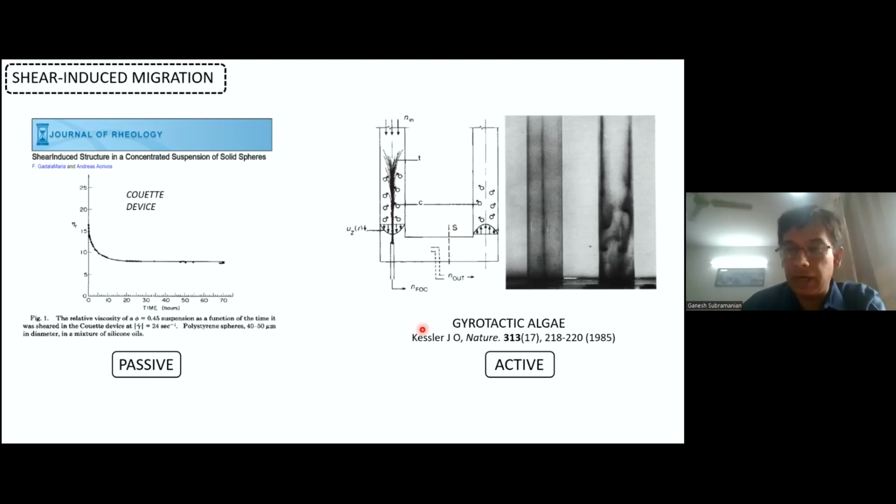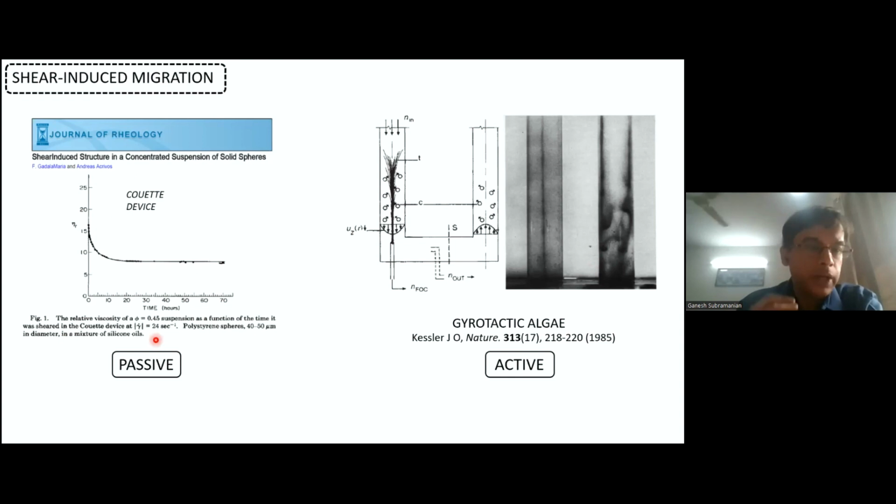And this is a classical experiment by Johann Kessler, who showed how the balance of gyrotactic and viscous torques leads to the algae preferentially sampling the downwelling region in a laminar flow, okay? And I think this effect has been observed even in more complex turbulent flows. So this is, one could say, a classical example of activity-induced shear migration.